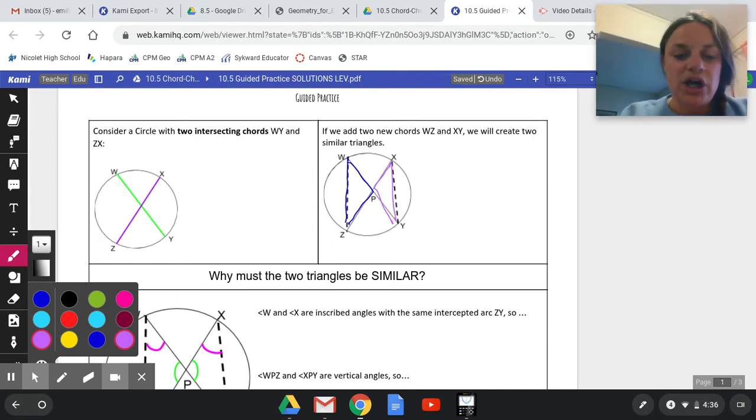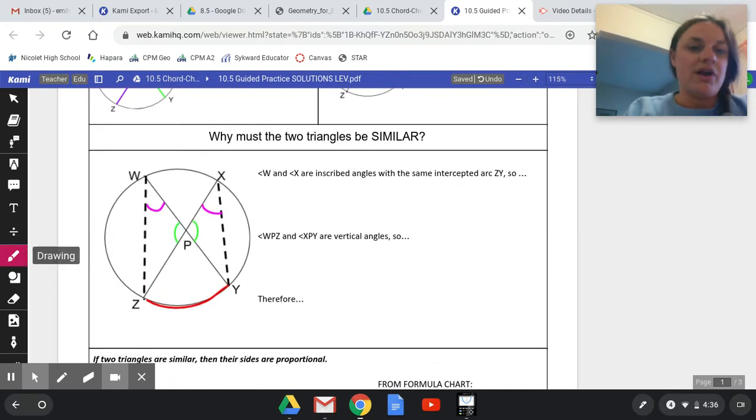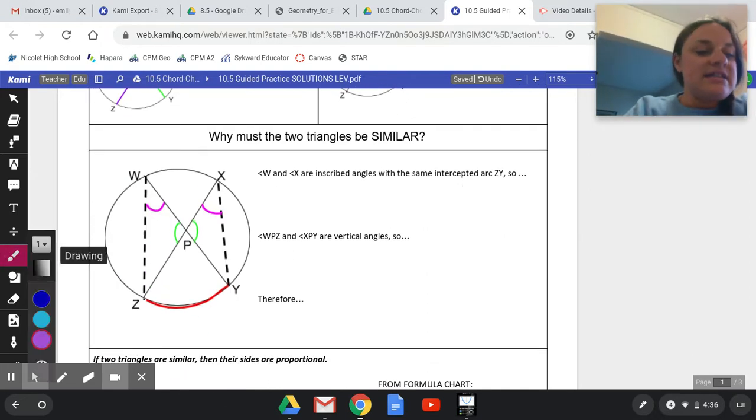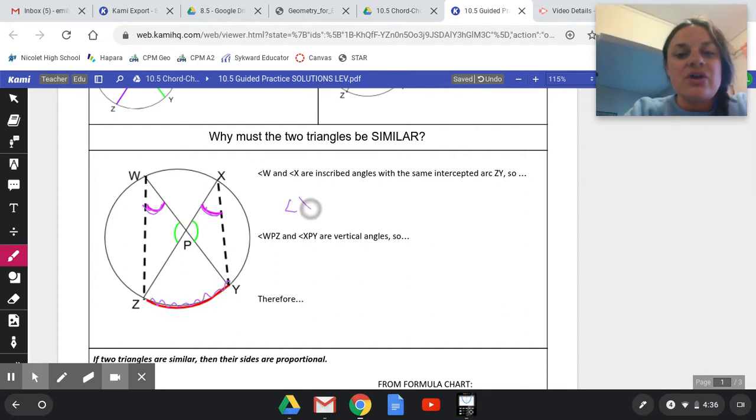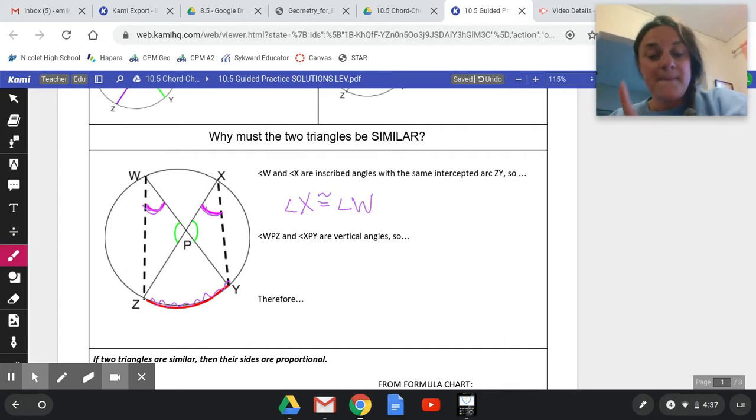They are similar. We know they are similar because we can see that we've got angle W and angle X that both intercept this arc ZY, which means that those angles are congruent. So that's one pair of angles. To prove that something's similar, we need two angle pairs.